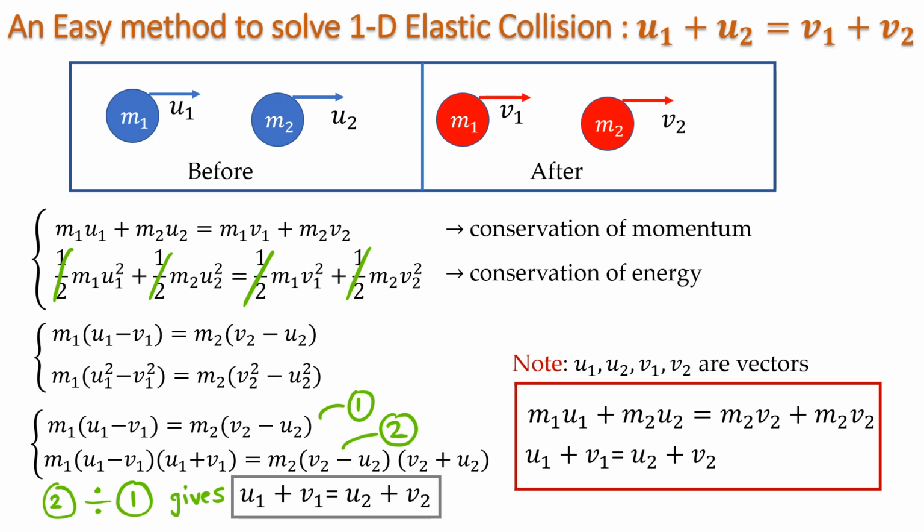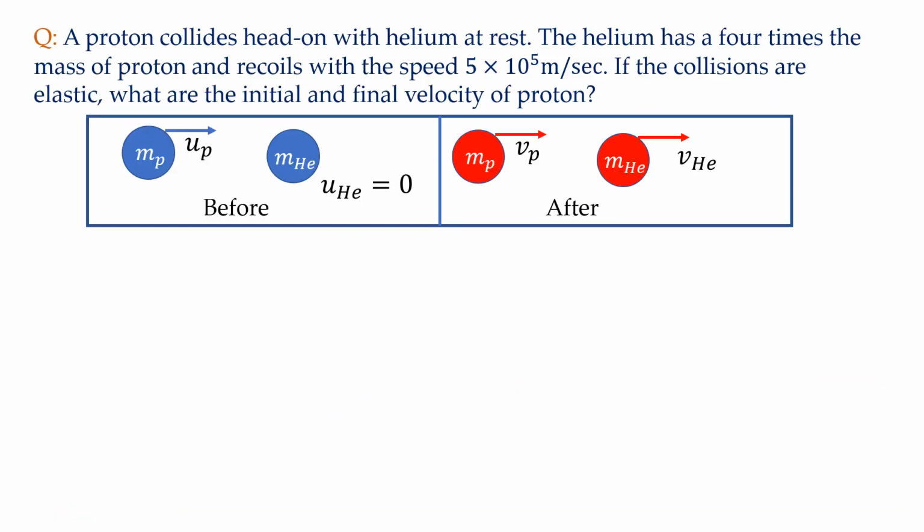Let us apply this with an example. Pause the video to understand the problem, but let me proceed, restating the given and ask. We have a one-dimensional collision of proton and helium. The given conditions are: initial velocity u of helium is 0.